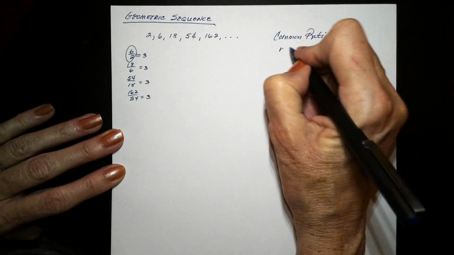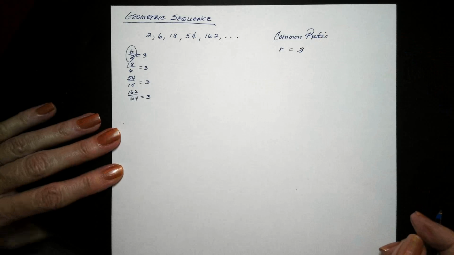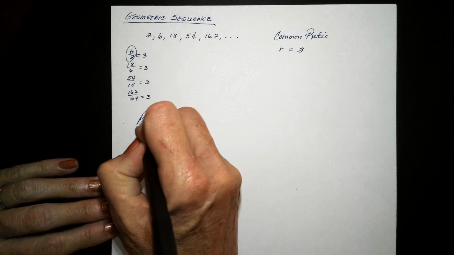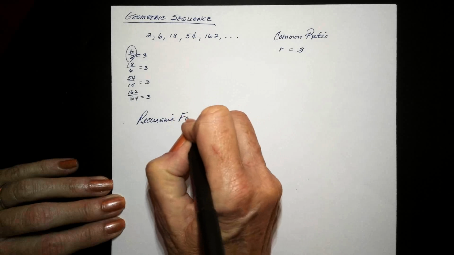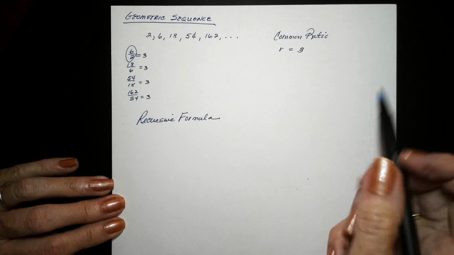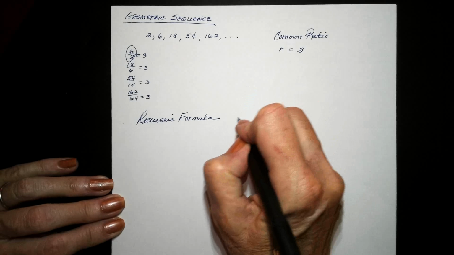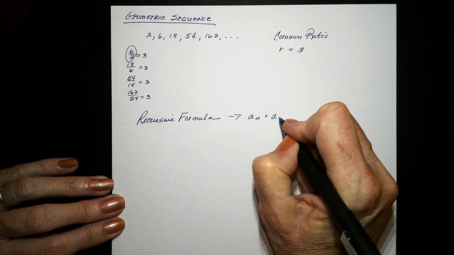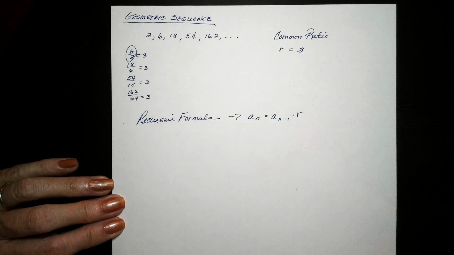And we just refer to that as R, and in this case my common ratio is 3. Okay, the recursive formula for a geometric sequence is written in the form a_n equals a_(n-1) times my common ratio.